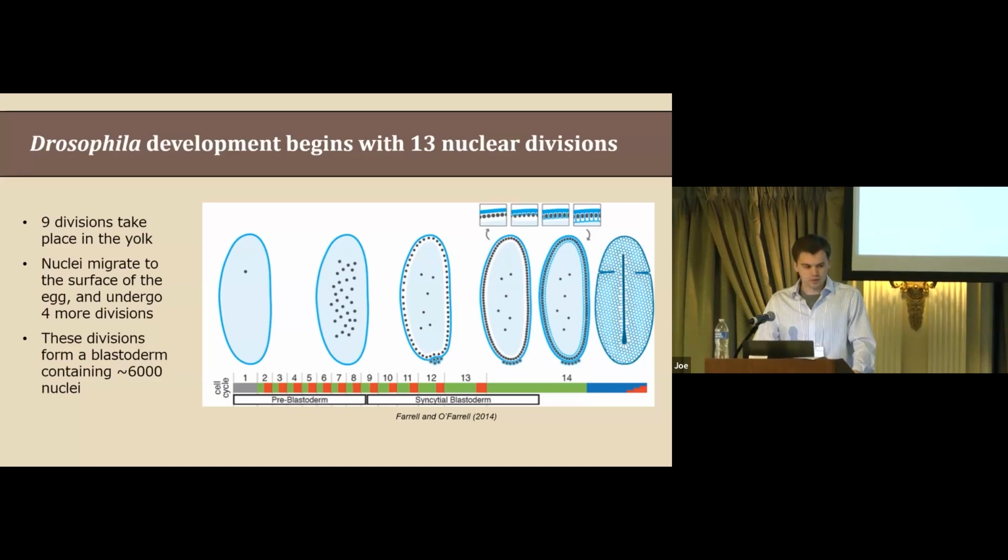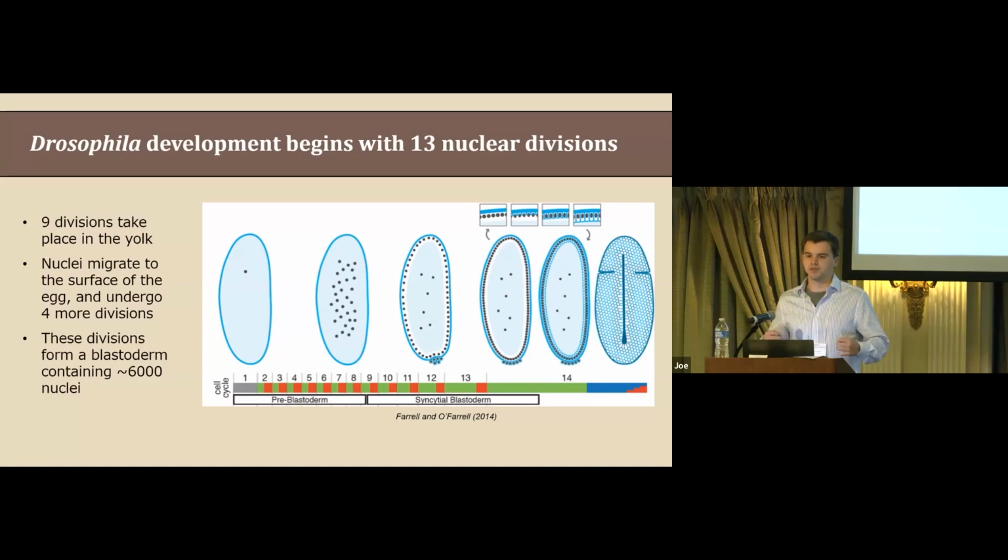And so the spoiler here is that these nuclear divisions towards the later end of this developmental trajectory, these last 4 divisions, which are happening at the surface, become more and more wave-like over time, whereas in the early divisions, everything is very synchronous.